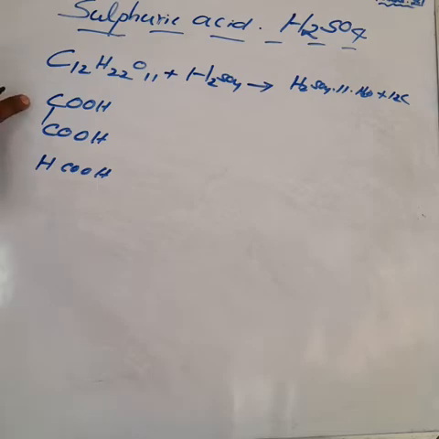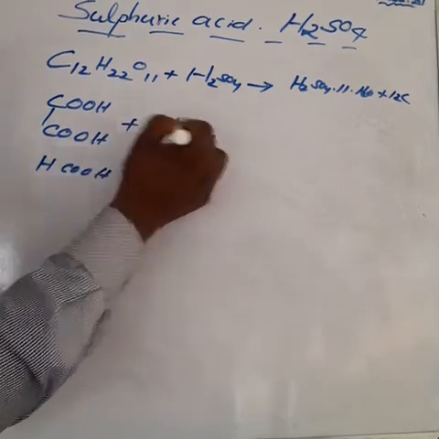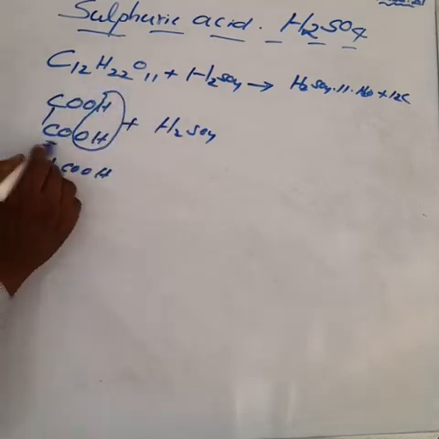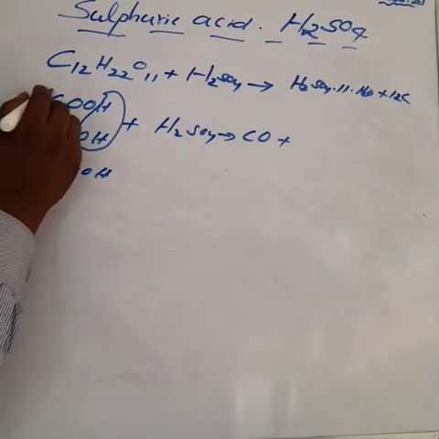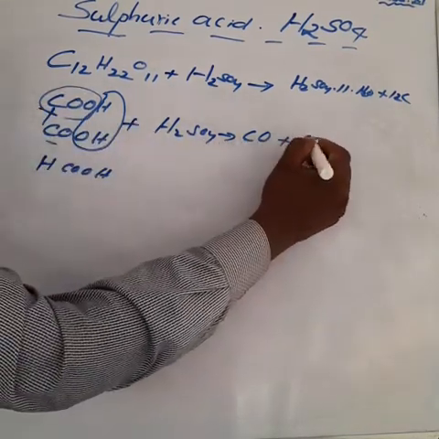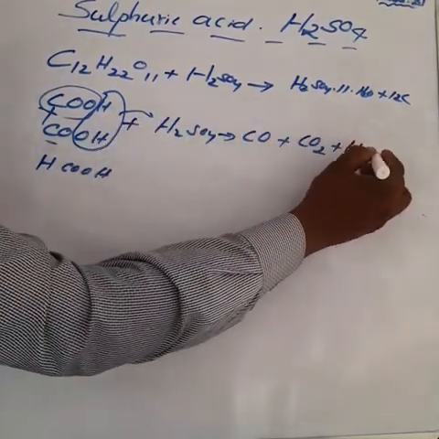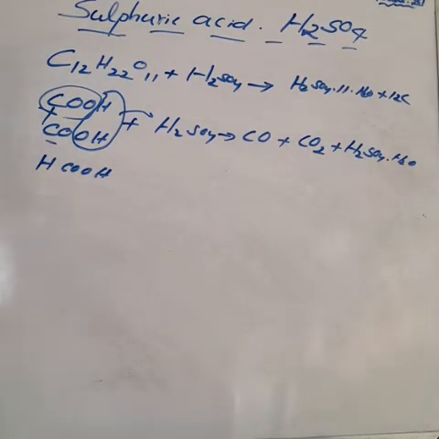What is the formula for oxalic acid? COOH. This reacts with sulfuric acid, H2SO4. That C combines with oxygen, we get CO, carbon monoxide, plus CO2. This hydrogen combines with the OH to form water molecules. So we get H2SO4 dot H2O, that is sulfuric acid monohydrate.